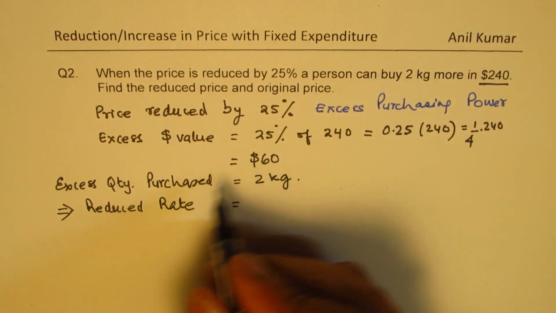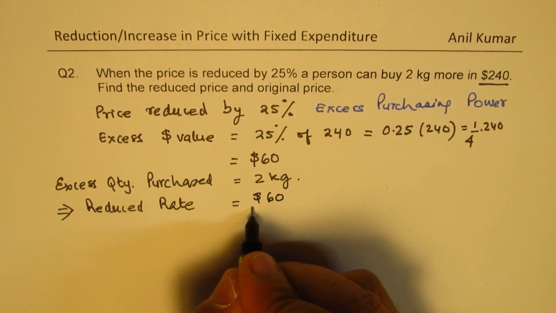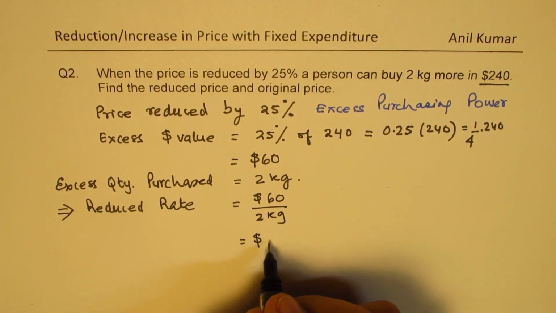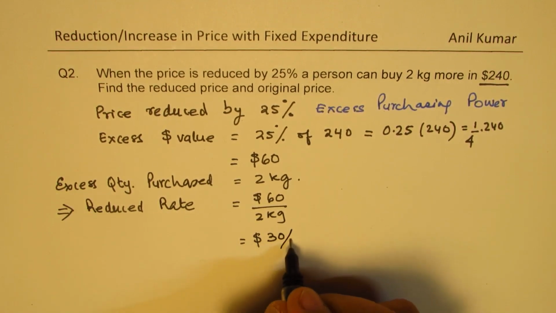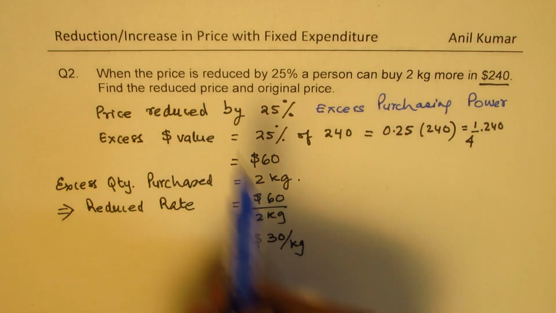Rate is definitely dollars per kg, right? So it is $60 over 2 kg. So we get the reduced rate as $30 per kg, right? Which we are saying is the reduced price.